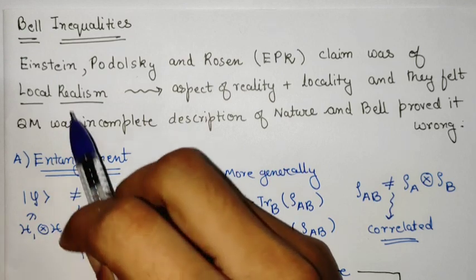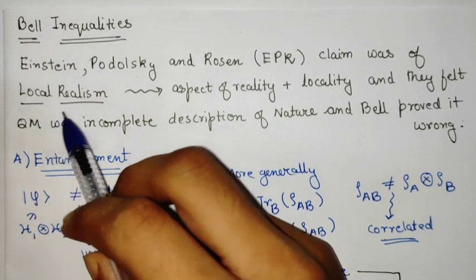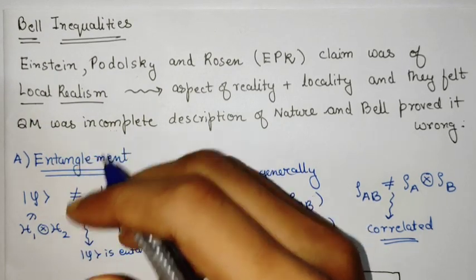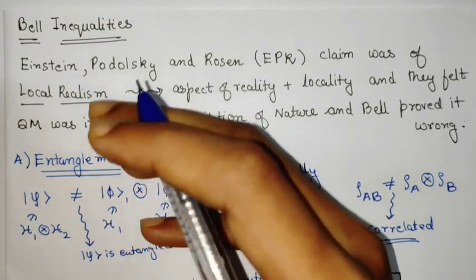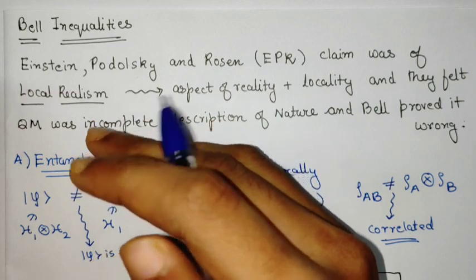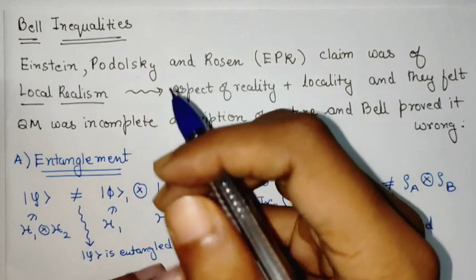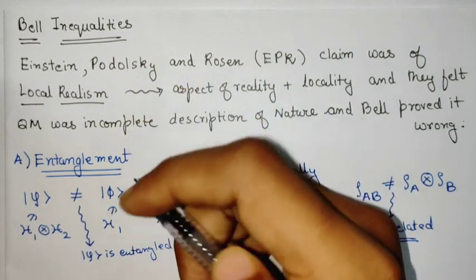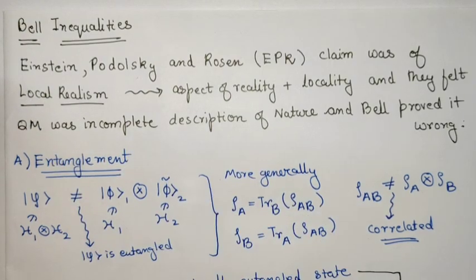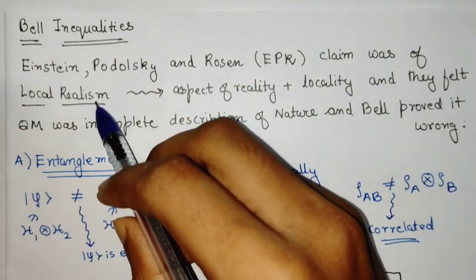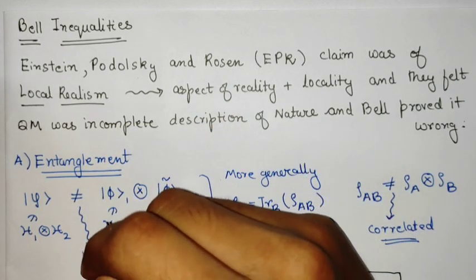Their claim, the claim by these three persons, was that of local realism. To understand it intuitively, locality means that whatever experiment we do here should not affect experiments that someone else is doing someplace else. And the understanding of realism is the fact that the property of the particle is an objective reality.